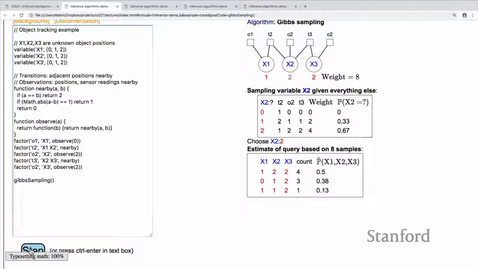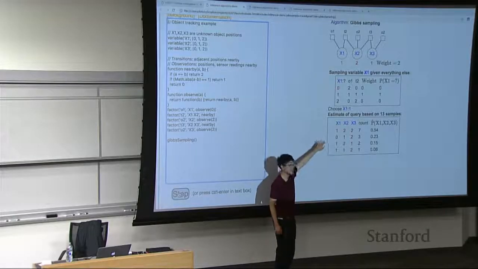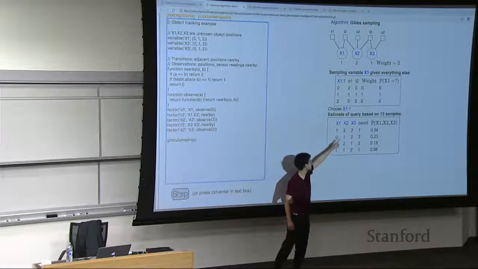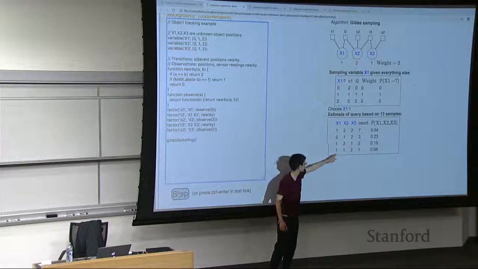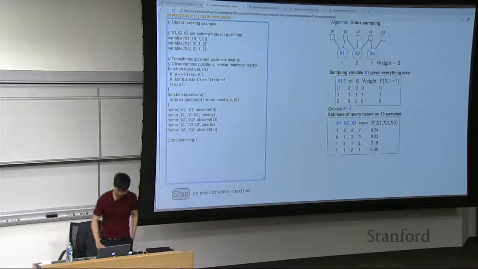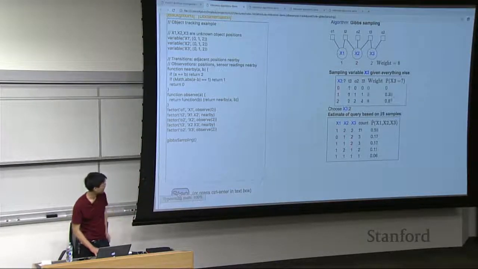OK, so now there's this table down here that I haven't explained yet. This table is keeping track of the number of times that we saw a particular configuration in Gibbs sampling. So we saw this configuration 1, 2, 2, 7 times. And we saw this configuration 1, 1, 2, 1 time. And if we keep doing this, you might notice that this distribution here will eventually stabilize.